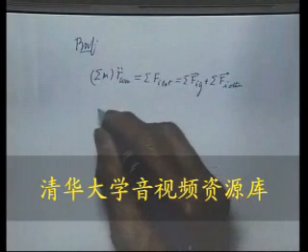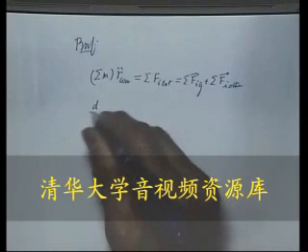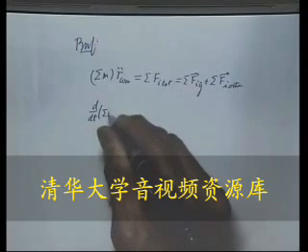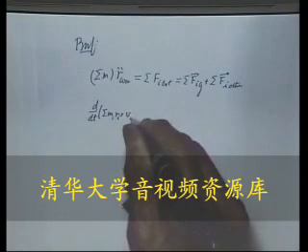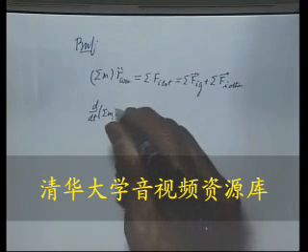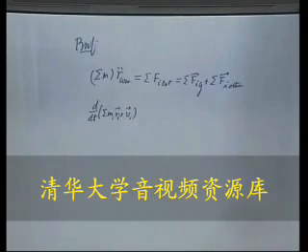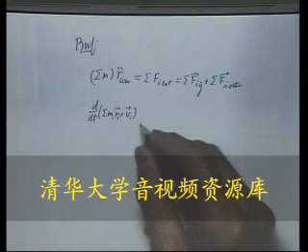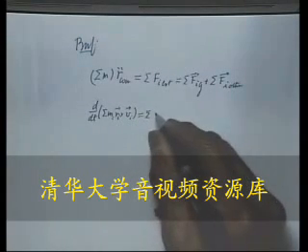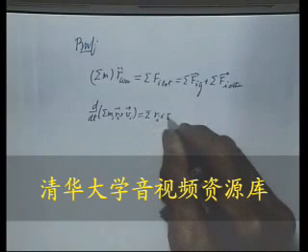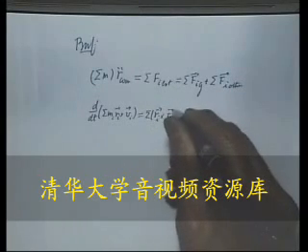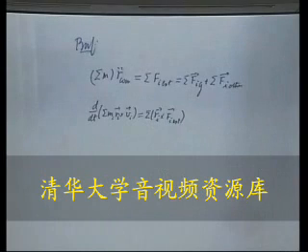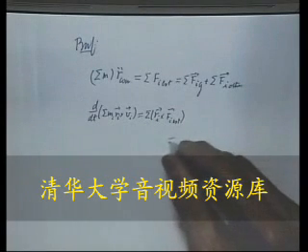And we also have the equation of d/dt of what is in the bracket, which is the total angular momentum. The time derivative of the total angular momentum is equal to summation of Ri cross Fi external. And we now separate that into two parts.